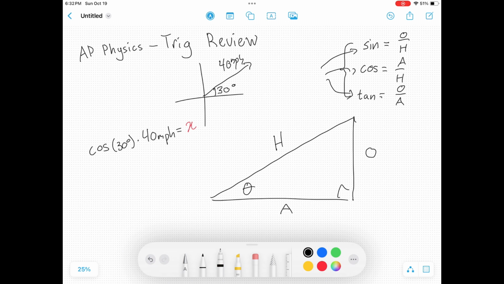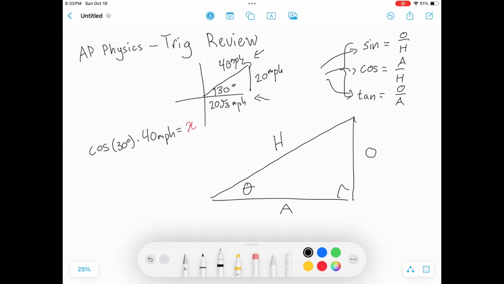But wait, cosine of 30 is just square root 3 over 2, right? And if you remember from our special right triangles, this is 2 times this side, so this side would be 20. And this side is going to be 20 times square root 3, so 20 square root 3 miles per hour.